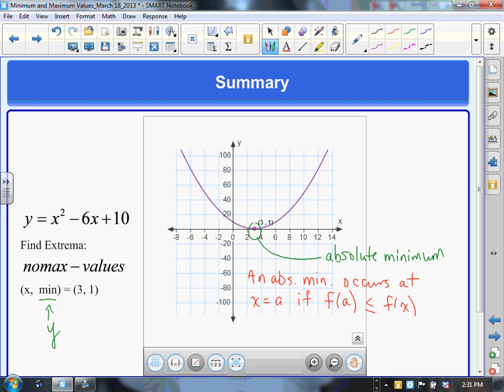So if f at a is less than or equal to f at x for all x within the domain of the function, then there's an absolute minimum.